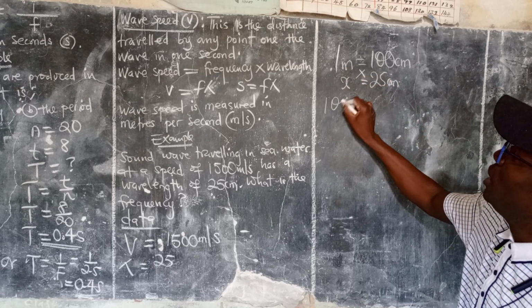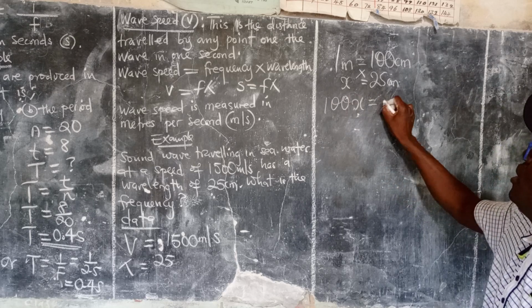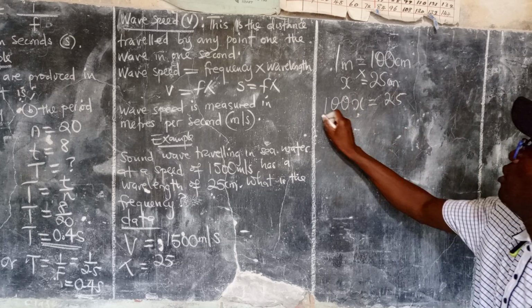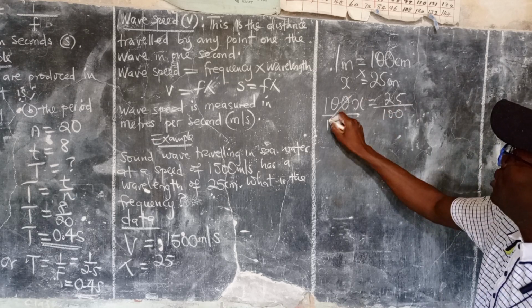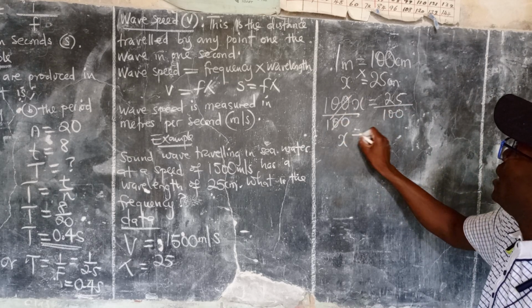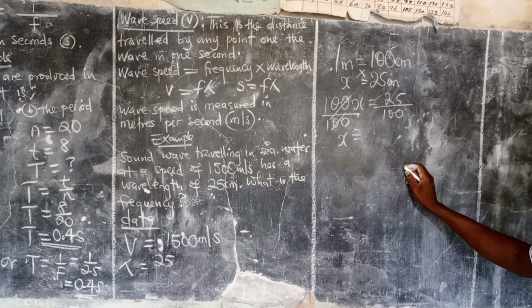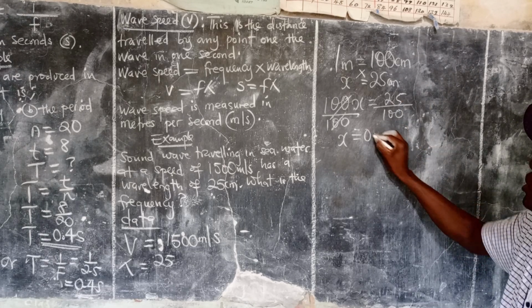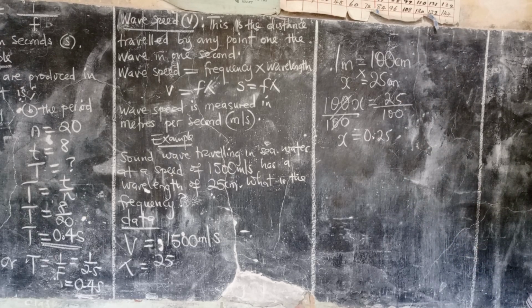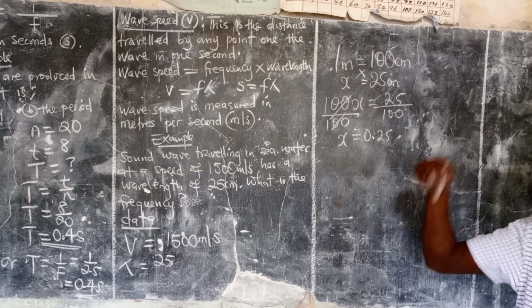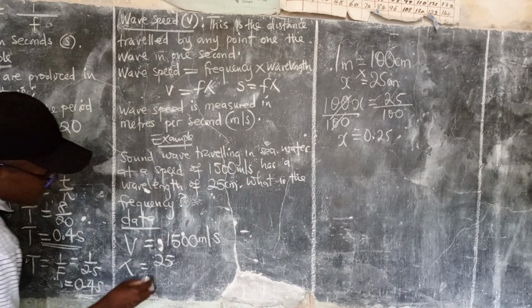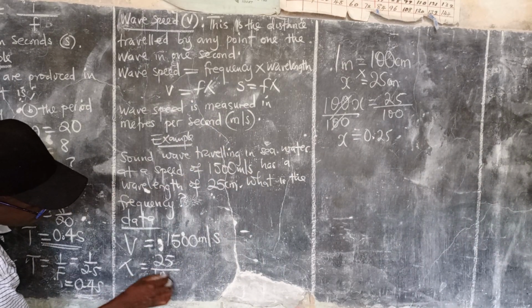Cross multiply: 100x is equal to 25 over 100, so the 100s cancel out, and our x is 0.25. Have you seen that? If you are converting from centimeters into meters, you divide the centimeters by 100.